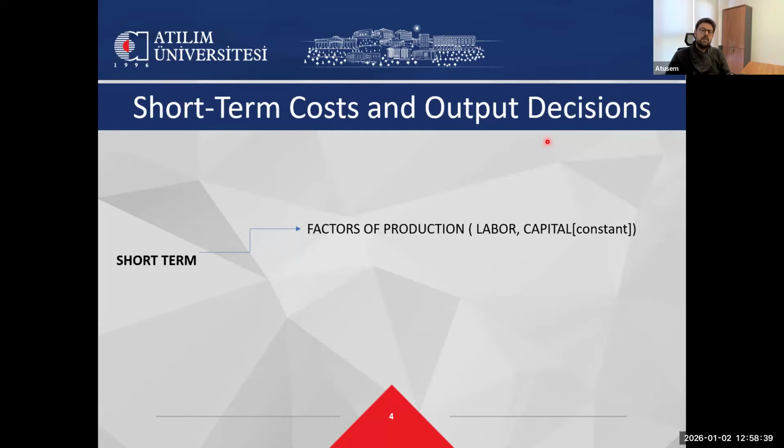These are labor and capital. We are able to change the amount of labor, but in the short run, we are not able to change the capital level. So this is constant. And for the assumption, in the short run, entry and exit are prohibited.